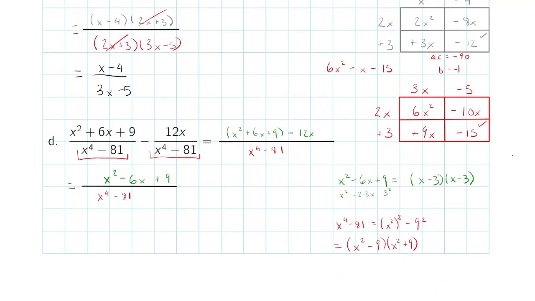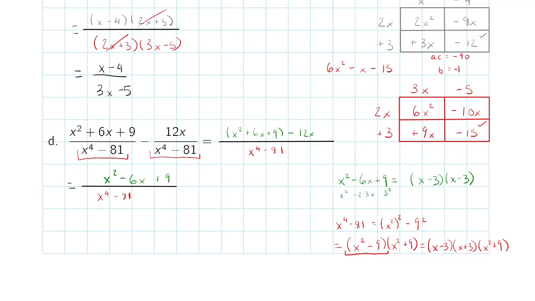And then x squared minus 9 is another difference of squares. So that'll factor as x minus 3 times x plus 3. And then the x squared plus 9 just follows along. The sum of squares there is prime.